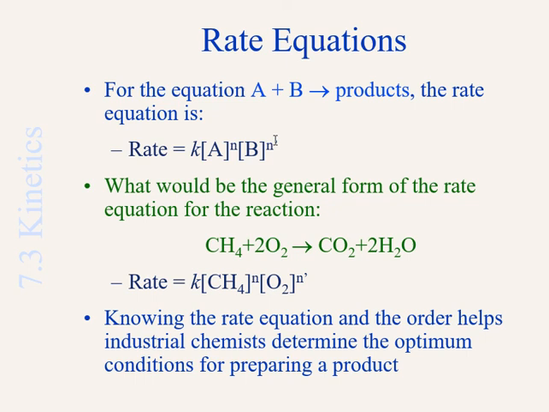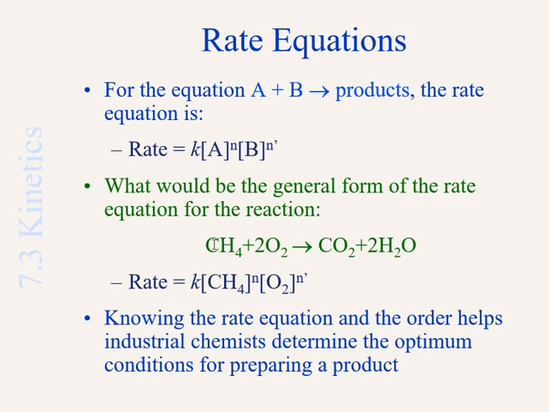But if the value of this n prime is equal to 0, then B raised to 0 equals 1, and hence it gets eliminated from the rate equation completely. That may or may not happen, and that's why in this case we are writing down the generic version where rate equals the rate constant k times the concentration of reactant A raised to n times the concentration of reactant B raised to n prime.